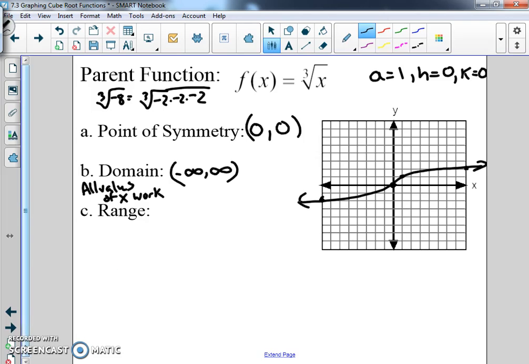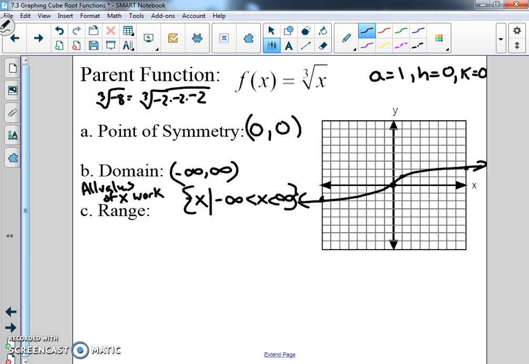Since all values of x work, and we have our interval notation -infinity to +infinity, our set notation for domain is the set of all x values such that -infinity is less than x, which is less than infinity. That's our set notation. Our range, again, we're dealing with y values.